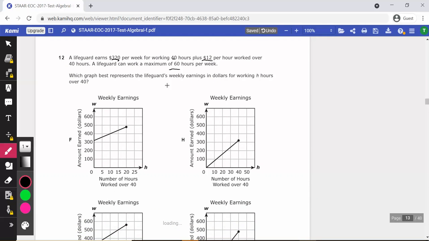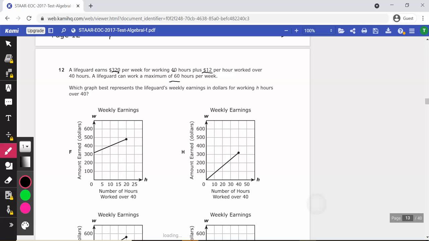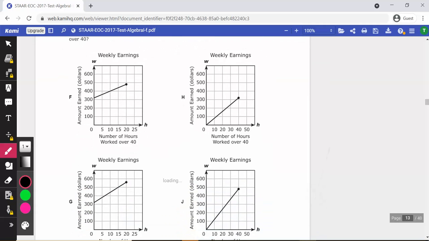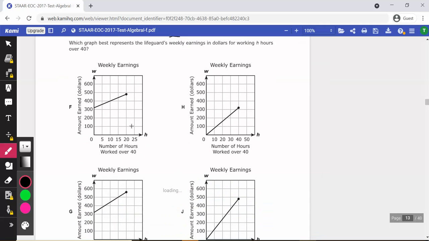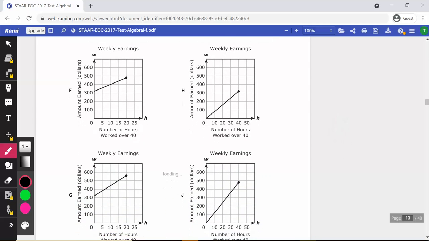It says which graph represents the weekly earnings. So we know $320 for working 40 hours, plus $12 per hour. So we can see here that it starts at 320, right? 320 per week.